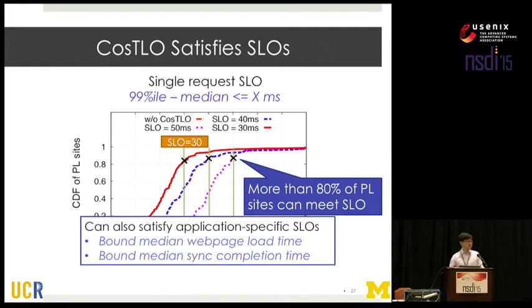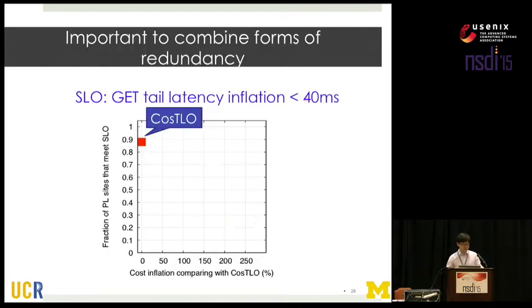The next result shows that it is indeed important to combine all forms of redundancy. In this evaluation, we compare CosTLO against other configurations with limited forms of redundancy. And we set the SLO as the get request tail latency inflation should be less than 40 milliseconds. The graph here shows 2 aspects.